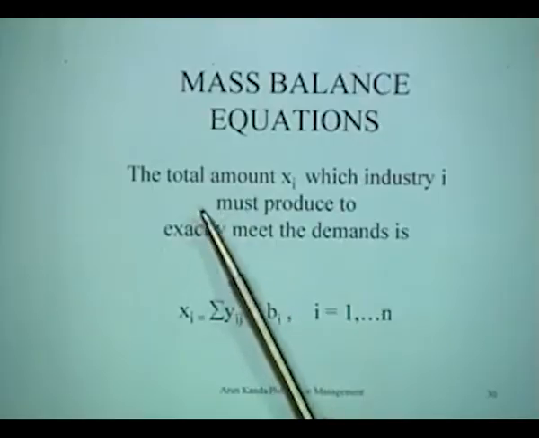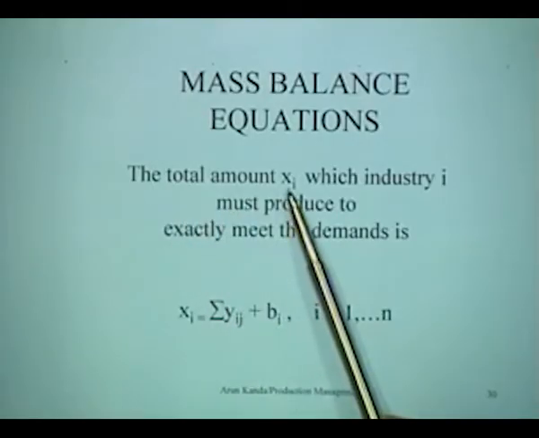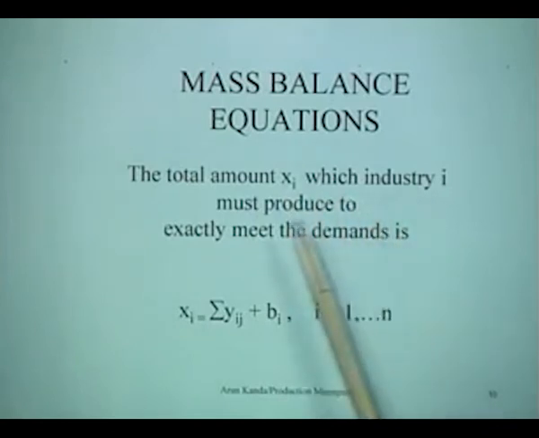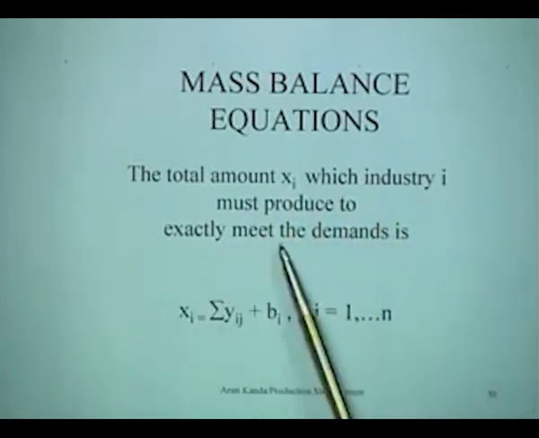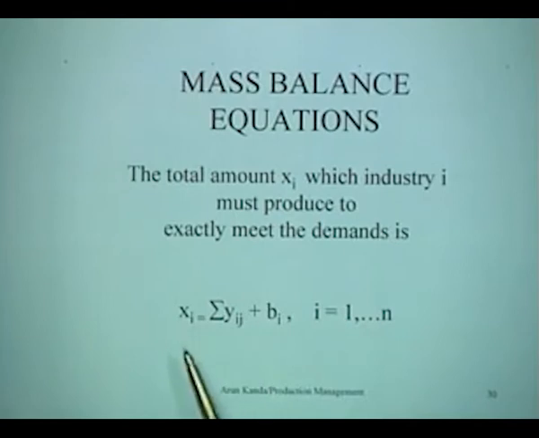If you look at this, we can apply a simple mass balance equation. The total amount Xi which industry I must produce to exactly meet the demands is Xi equal to summation Yij plus Bi.